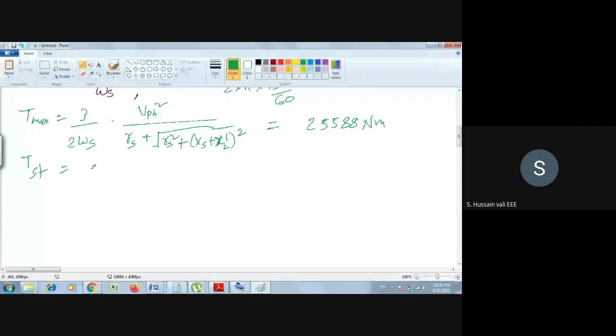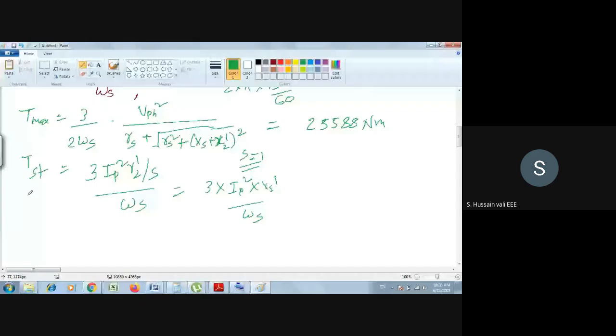The next one is starting torque. What is the starting torque formula compared to the actual torque formula? Only one difference: R2 dash by S by omega s. So for starting torque, S is equal to 1. Nothing else is there. The remaining things are the same. We know R2 dash, and we also know omega.